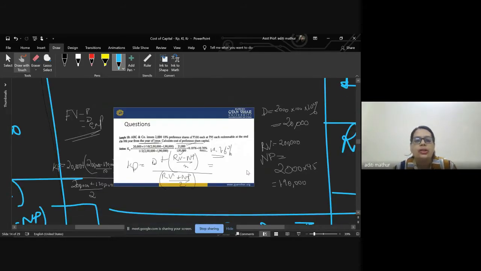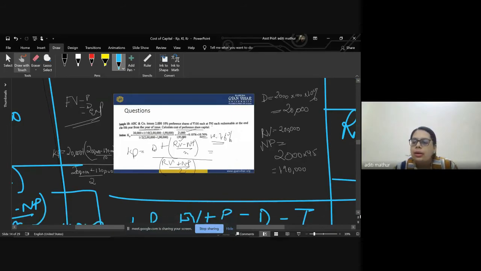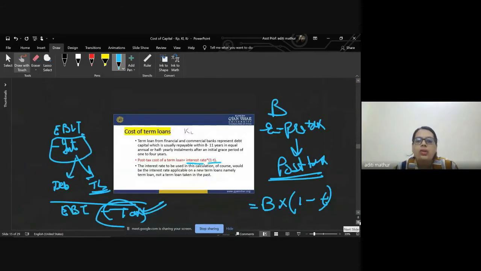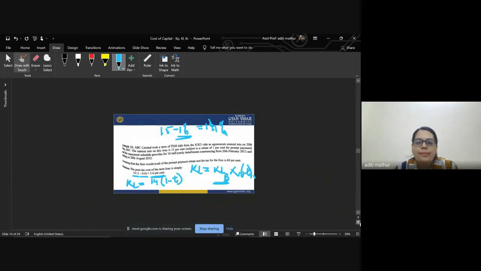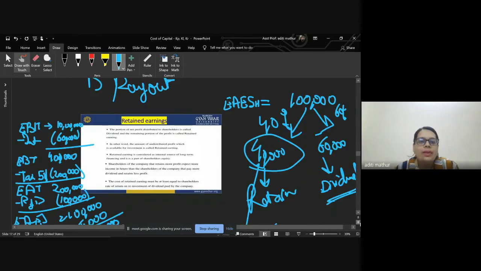Then we understood the difference between the different ways of issuing. We learned how to calculate cost of long-term loans, that is we have to give the adjustments of tax, so interest was multiplied by 1 minus t. Then we did a question and we understood the concept of retained earning.